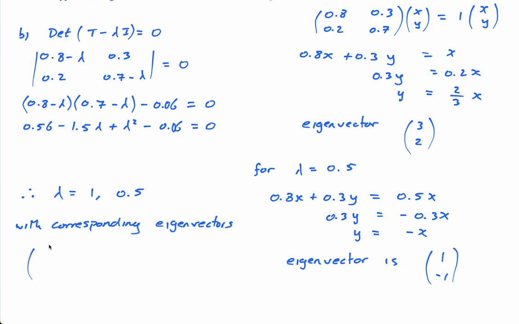Just be clear which is corresponding to which. So the 3, 2 corresponds to the lambda equals 1, and the 1, negative 1 corresponds to the 0.5. Okay, done. That's parts A and B.